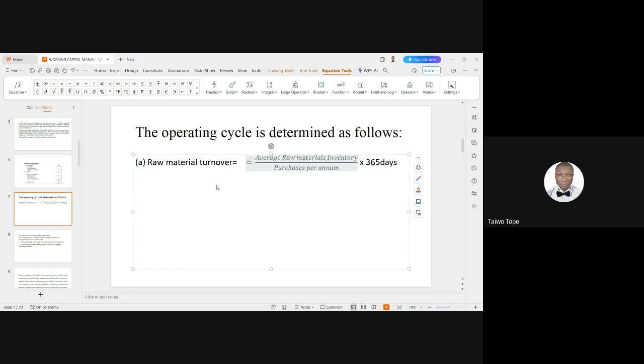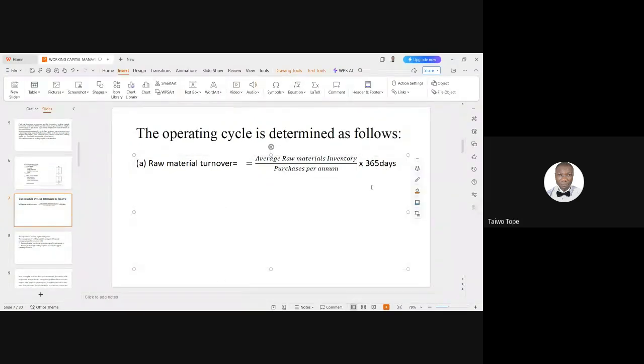So another issue we can look at as it regards to the operating cycle or working capital cycle is the issue of creditors payment period. Yes, Madam Chuma. Okay. So we can look at the issue of creditors payment period.